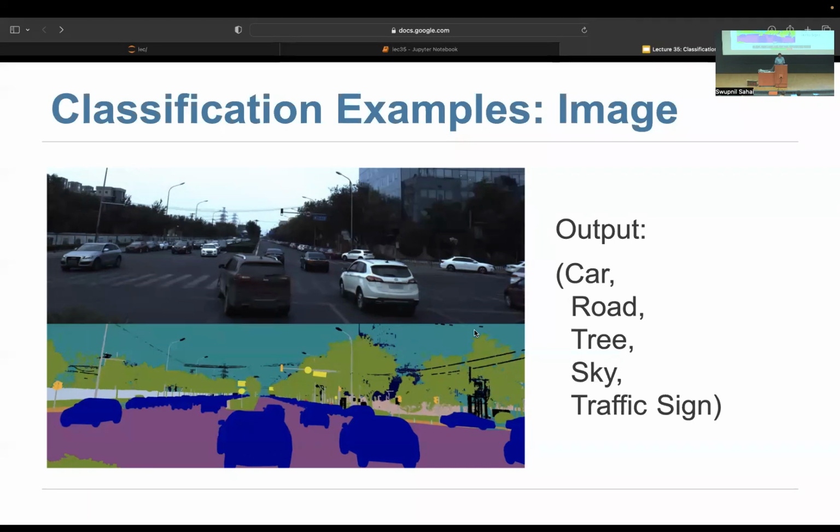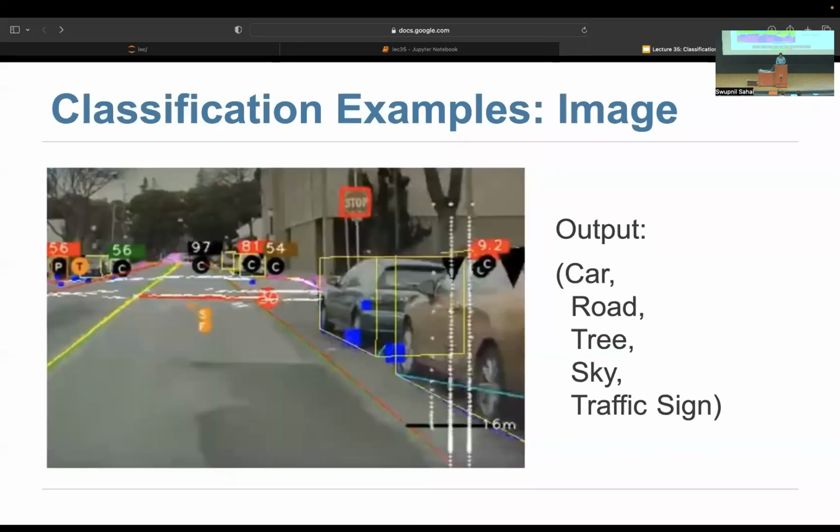I've worked on this problem really closely. I was at Tesla before, working on autonomous driving. One of the problems I worked on, which is kind of cool, was a combination of classification and regression in one output. What you're seeing here is actually a screen capture from an actual Tesla vehicle. We would take the image in, and then we would output not only the classification of what category each object is, but also how far away it is.